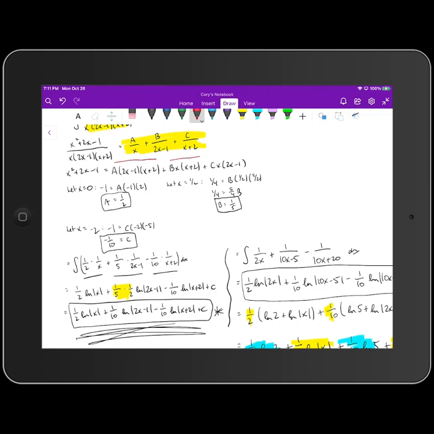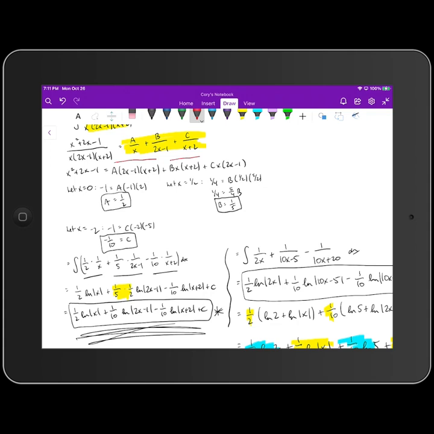Okay, so the way I worked this out on the left-hand side is how I'm going to recommend you guys work the problem out, because I think it makes the calculus easier. So we have the values of a, b, and c, and they are all fractions. The first term is a over x, and a is 1/2, so I'm going to break that up into 1/2 times 1 over x.